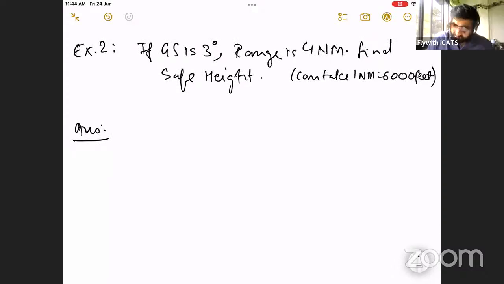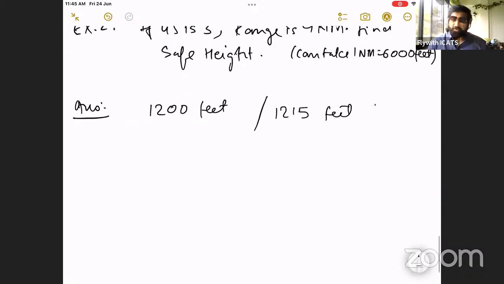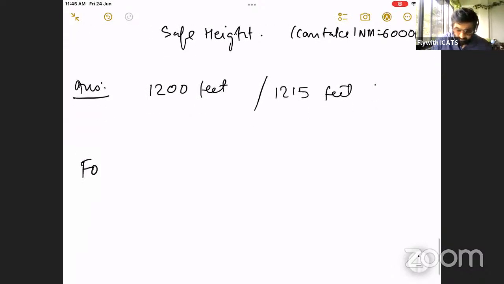So the answer with 6,000 feet is 1200 feet, and with actual CX3 is 1215 feet. Both are correct. Okay. Now there is a direct formula for 3-degree glide slopes.